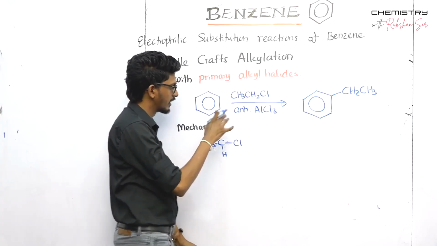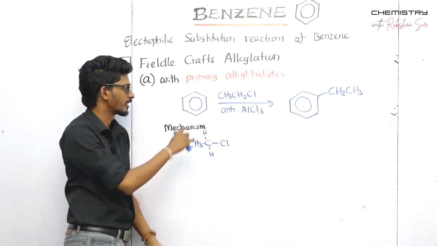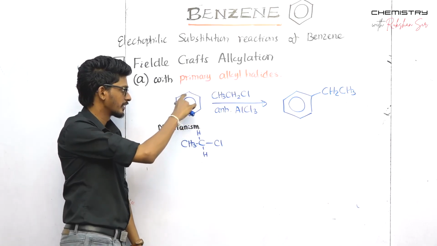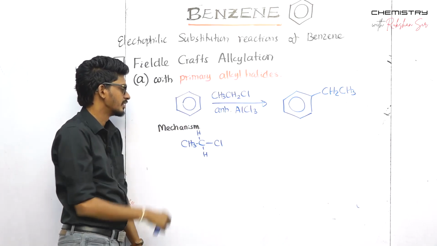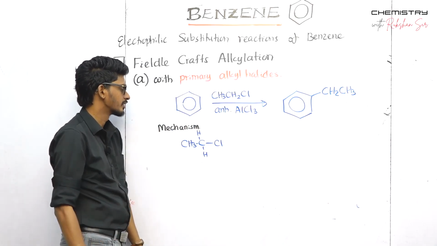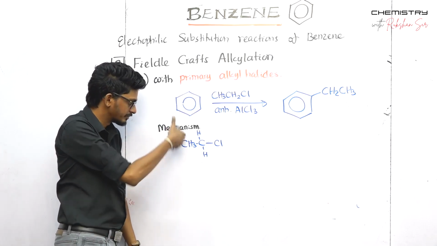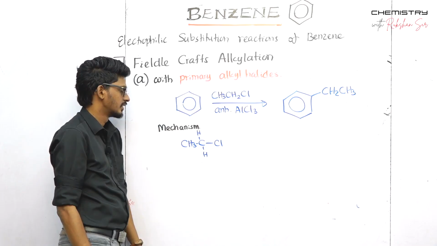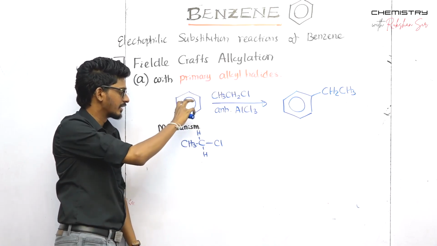That is why when we are writing the mechanisms, we are not writing the benzene like this. In the reaction, you can write the circle in the benzene, but when you are writing the mechanisms, we are not supposed to write the circle here, because bonds break and bonds form.